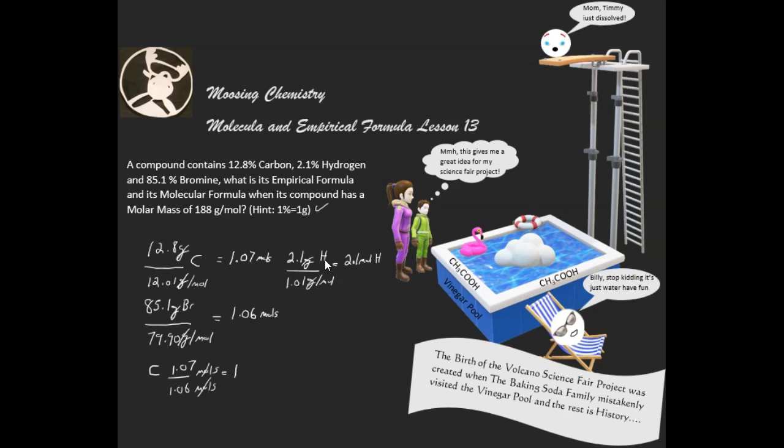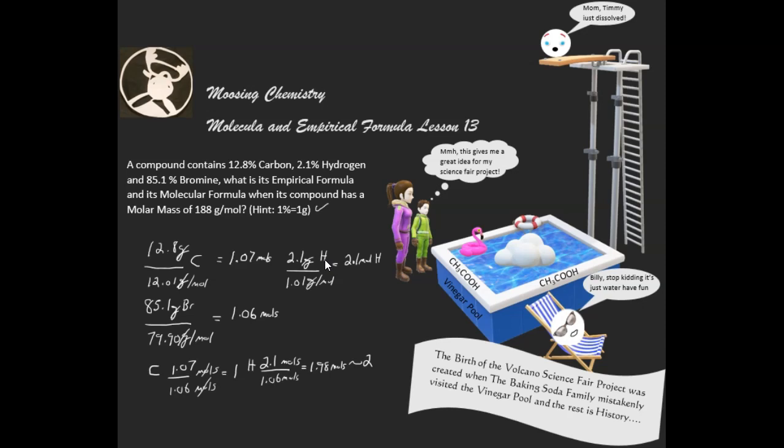Okay, for hydrogen we're going to take 2.1 moles divided by 1.06 moles, and that is going to give me 1.98, which is approximately 2, so we'll just put a 2 there.